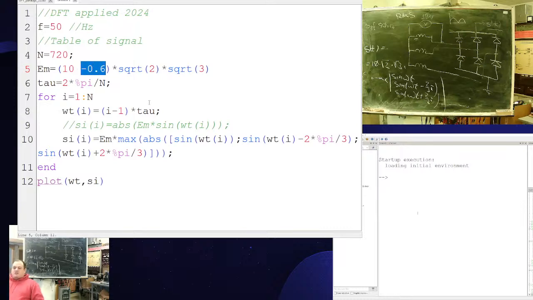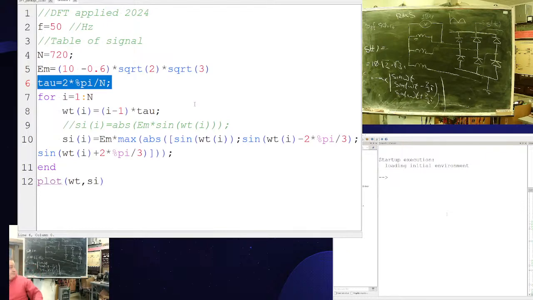Any ideas what this 0.6 is? Guys who studied electronics, what about this 0.6? It's the voltage drop on a diode. Next, what is this one? Tau is a step of the table.